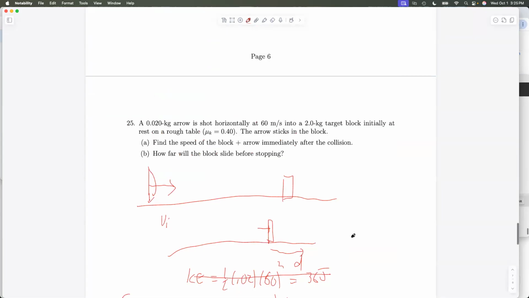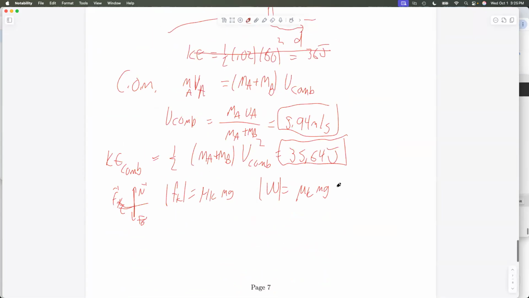That's what we're looking for, right? How far will it go? We want that distance. That amount of work is going to suck out all this kinetic energy that we just found right here. So the distance will be that number we just found, 64, divided by mu_k times mg.